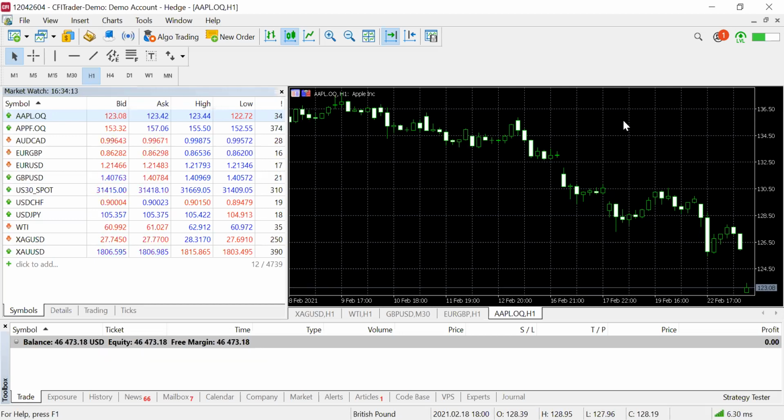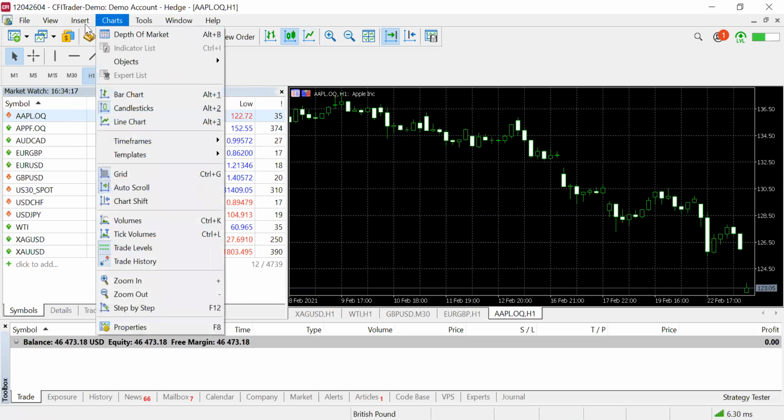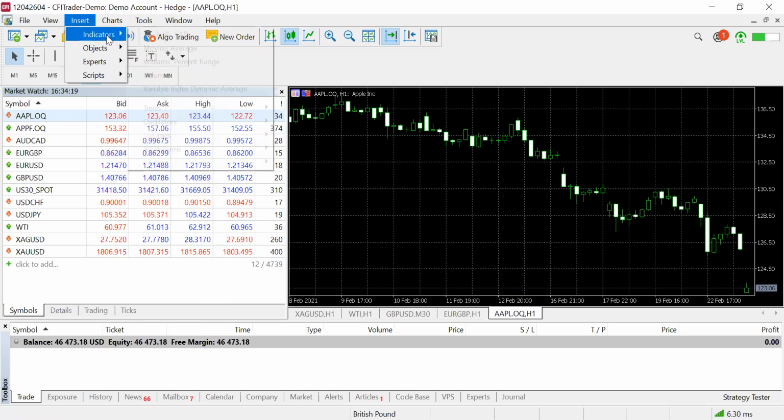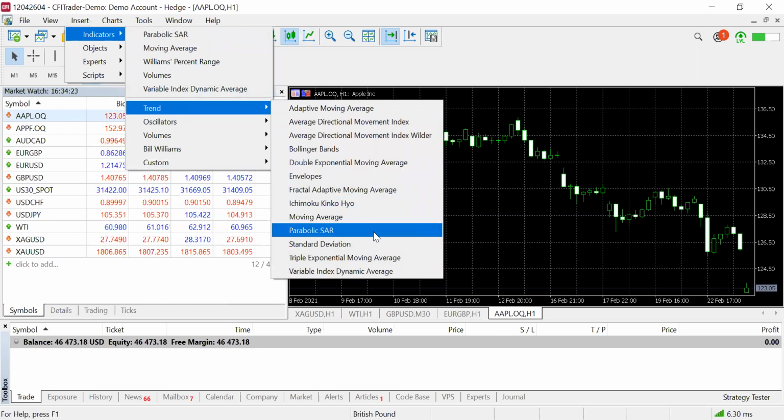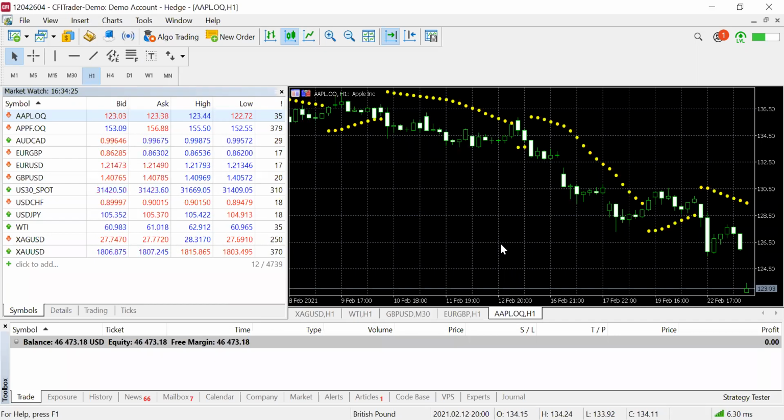Okay, so for example, just to give you an idea, I like to use this particular indicator, which is the Parabolic SAR, simply because it gives me an indication of the current market trend. Okay, so as you can see here, it gives you dots.